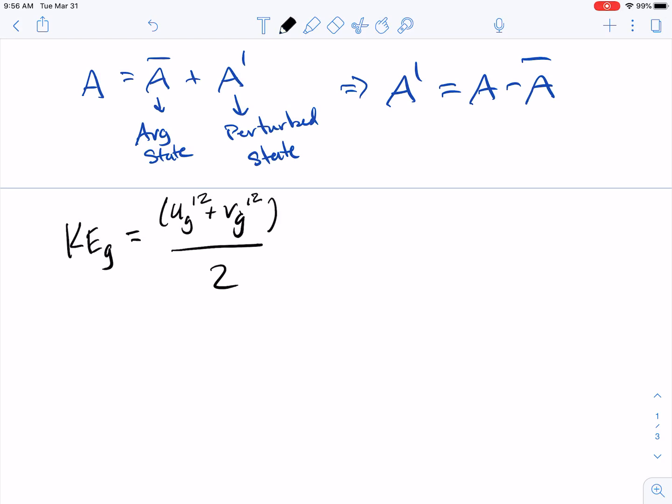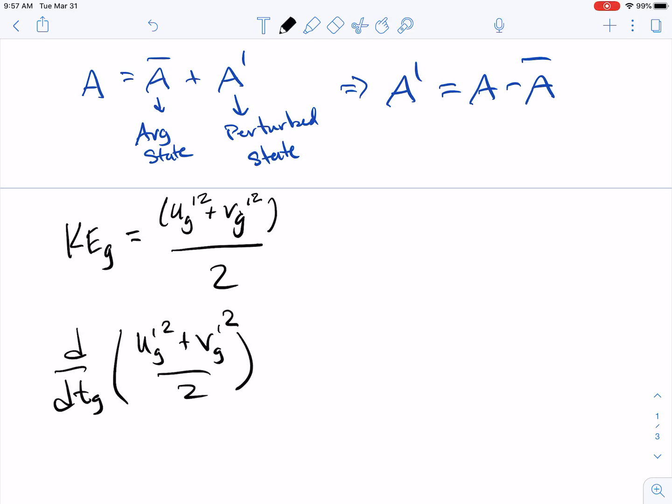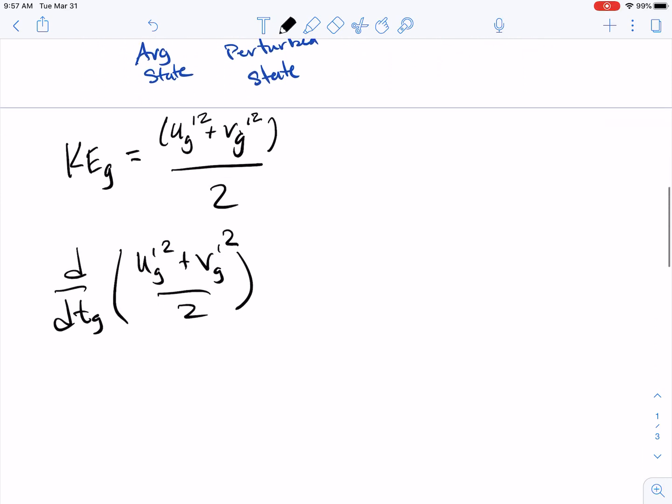And that's great, and we can define that, but really what we care about in the atmosphere, right, we're forecasting things. How are things changing in time? And so we can actually rewrite our equation as the time rate of change according to our geostrophic flow of this quantity Ug prime squared plus Vg prime squared all over 2. And we end up with 3 terms on the right-hand side.